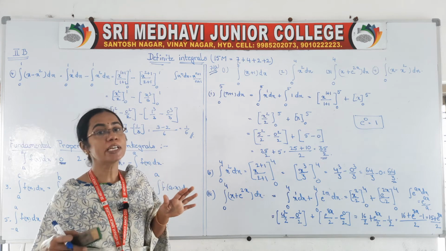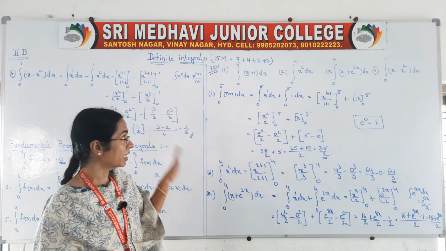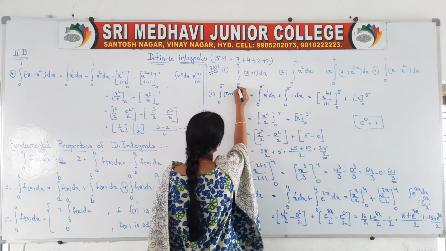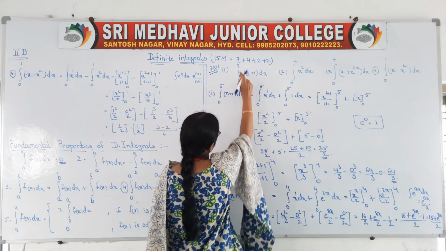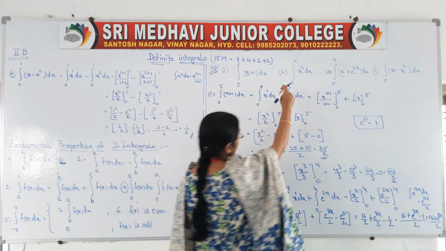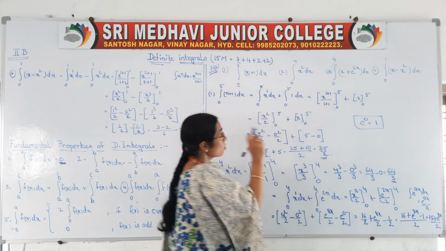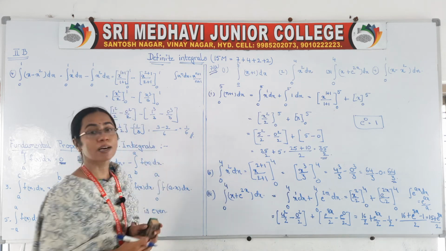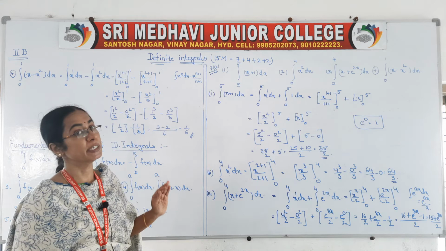But in definite integrals you will know: you have to find the integral of this function from x is equal to 0 to x is equal to 5. Here, x is equal to 0 to x is equal to 4. So that is called the lower limit, and that is called the upper limit.